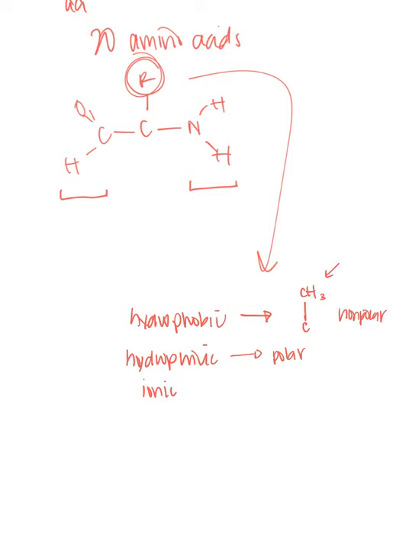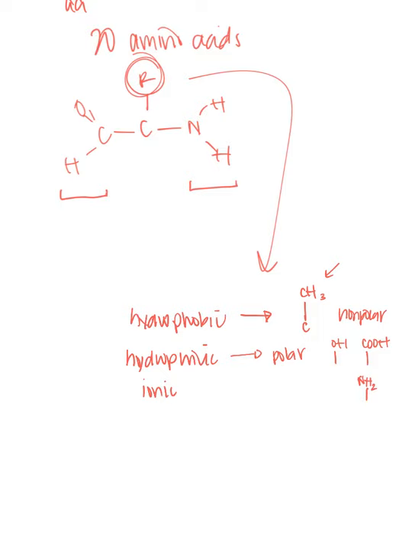Your polar, or hydrophilic, side chains might, for example, have a hydroxyl group. They might be acidic with a carboxyl group. Know that they have these potentially charged side chains. Hydrophilic also includes basic side chains, so let's say you have an NH2 as your R group.